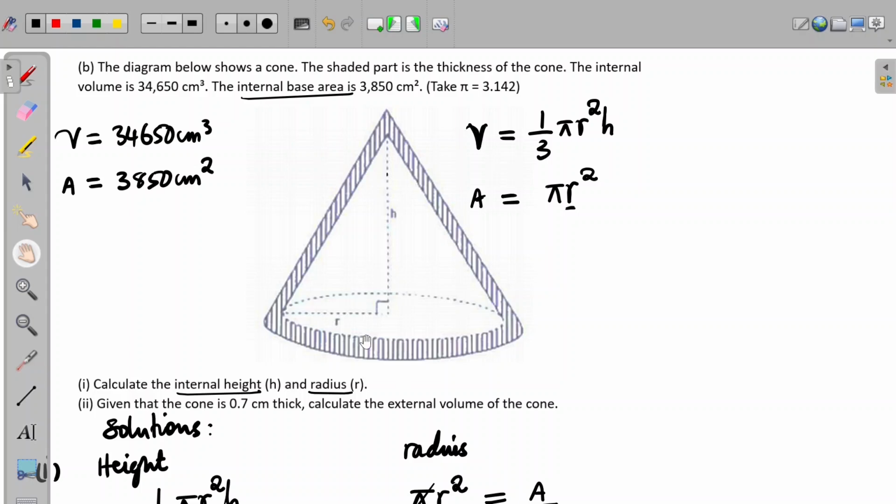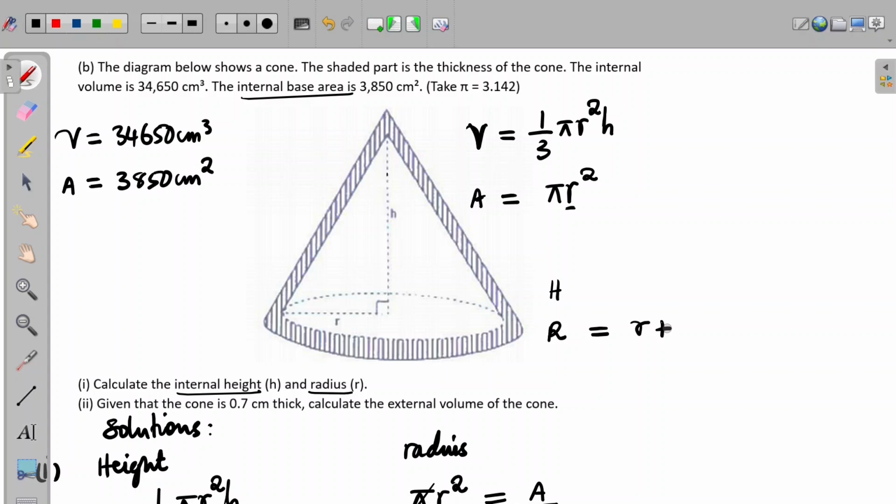So now those dimensions, that height, we will call it capital height, and that radius we will call it capital radius. So capital radius will be equal to small letter radius plus the thickness.